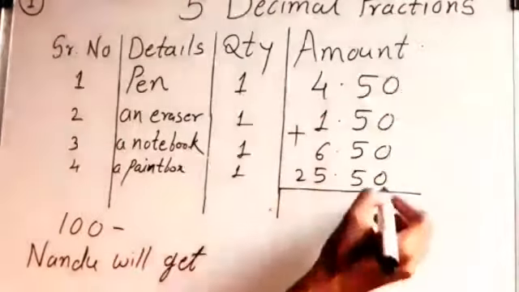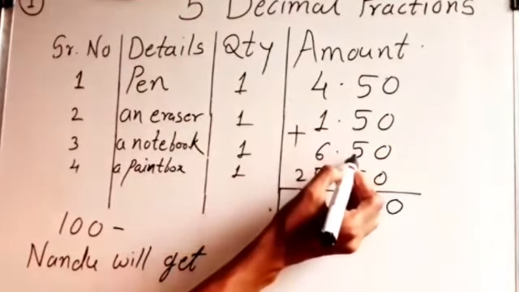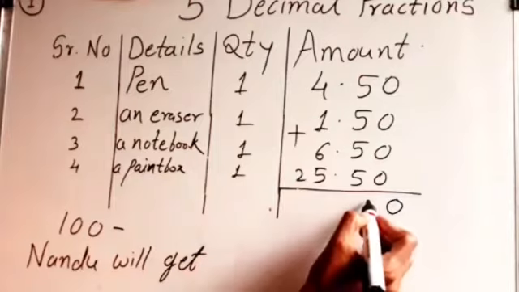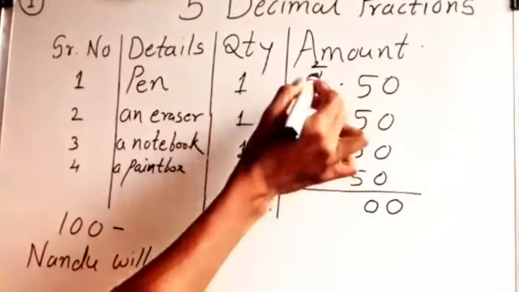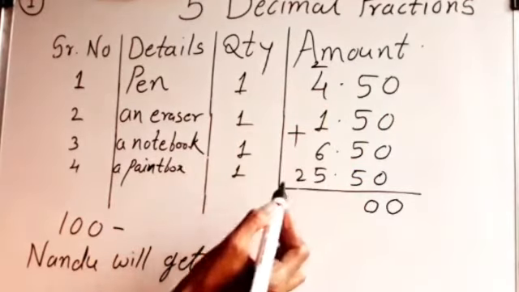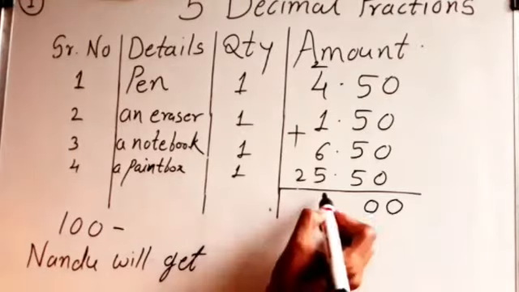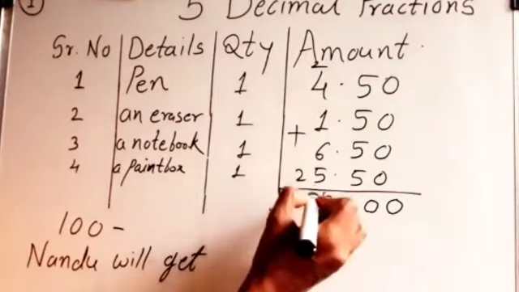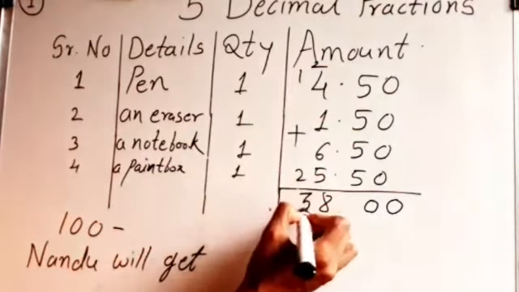Okay, so here 0, here 5 plus 5 10, 10 plus 5 15, 15 plus 5 20. So 0, then carry 2. 4 plus 2 6, plus 1 7, 7 plus 6 13, 13 plus 5 yes, 18. Okay. So 8 carry 1 and 1 plus 2 is 3.